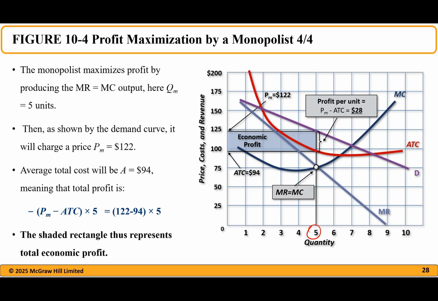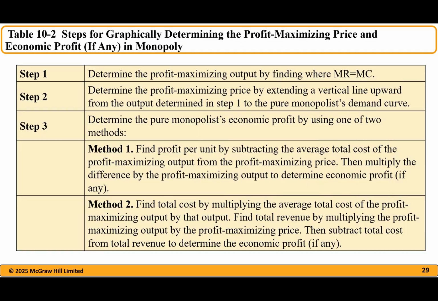This gives the price the consumers are willing to pay based on their demand. And for profit calculation, we mentioned that there are two ways we can use. So here are the steps we can follow to find the profit maximizing case of the monopoly. You can take a look from here.